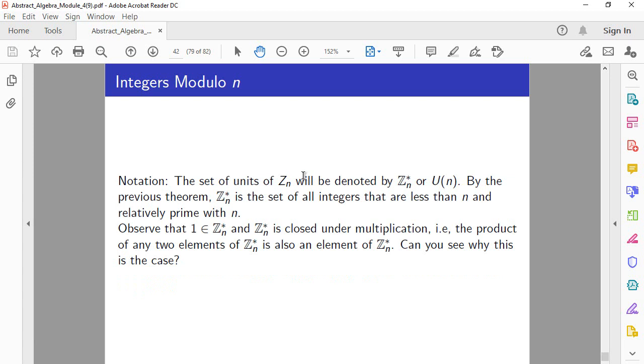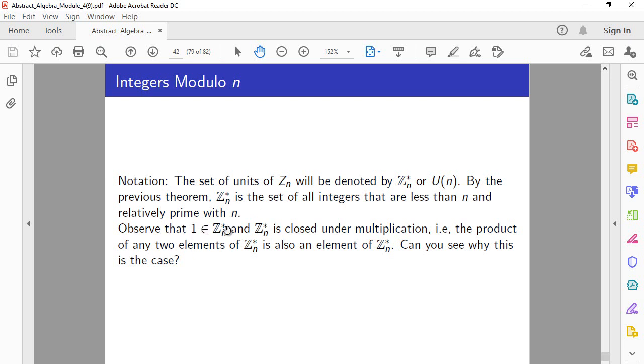Notation for the set of units of Zn: the set of units of Zn will be denoted by Zn star or U of n. And Zn star is the set of all positive integers that are less than n and relatively prime with n. So this Zn star is a subset of Zn.